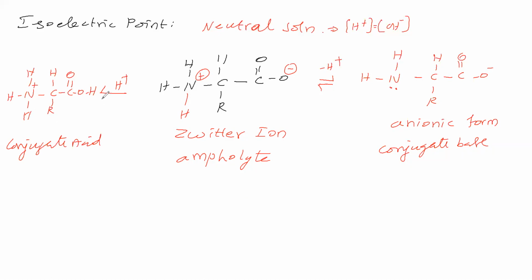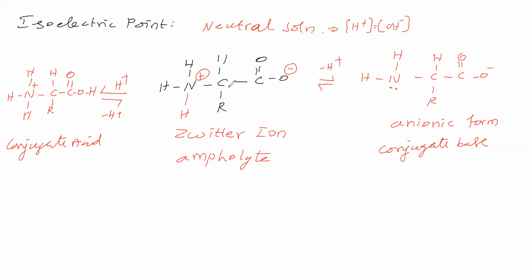If it donates H plus, it will become like this. The carboxylic acid donates H plus more dominantly when compared to this NH3 plus. Therefore, this carboxylic group is donating H plus.